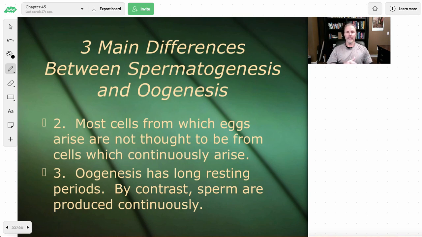And then oogenesis has long resting periods, and you can look at it from when it starts in embryonic development to when it picks up again during puberty, or you can look at the egg going through a monthly basis, being released and giving rise to an egg which is able to be fertilized, versus sperm in men, which is continuously produced.